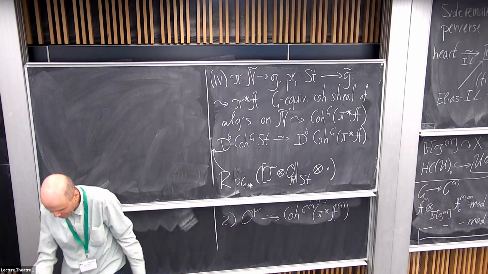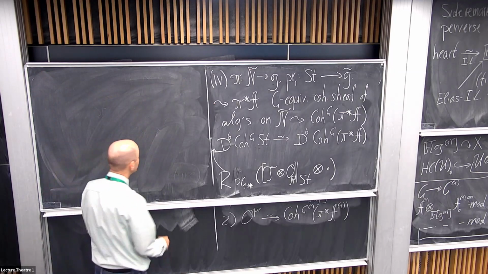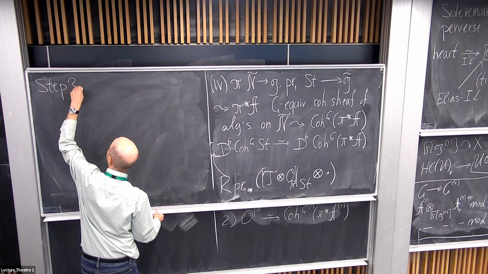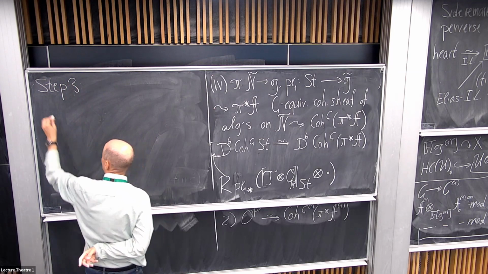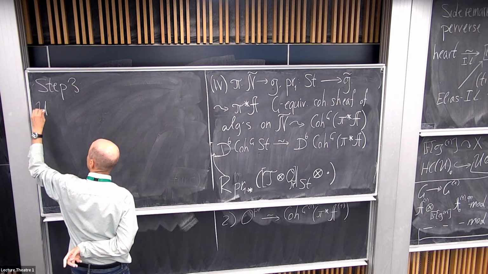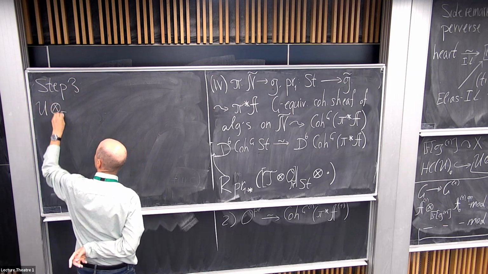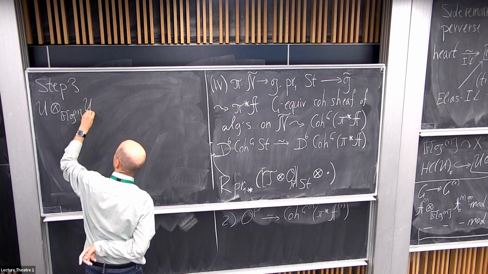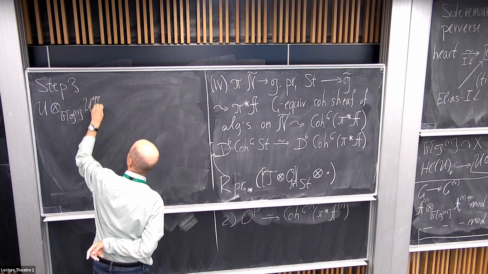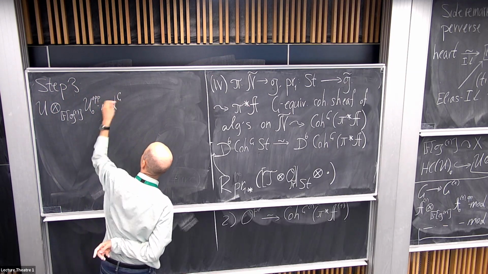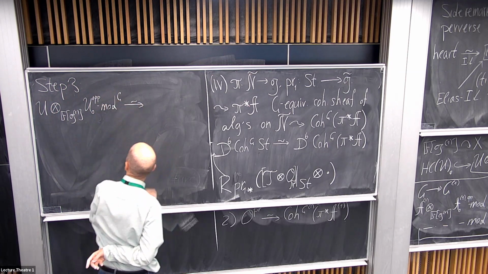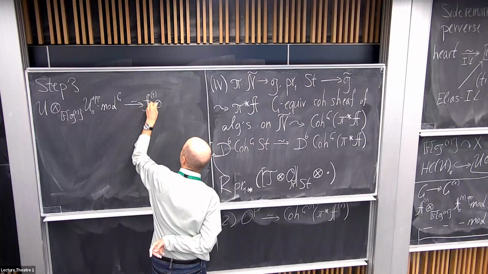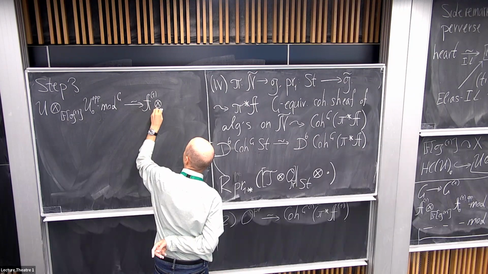And it may already be clear what step 3 is. So what do I have? I have this U tensor over G1 U0 opposite, mod G. It's equivalent to the bimodule category.